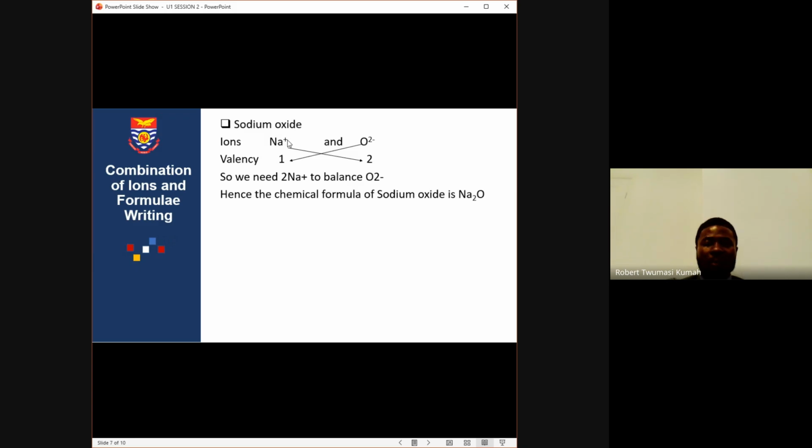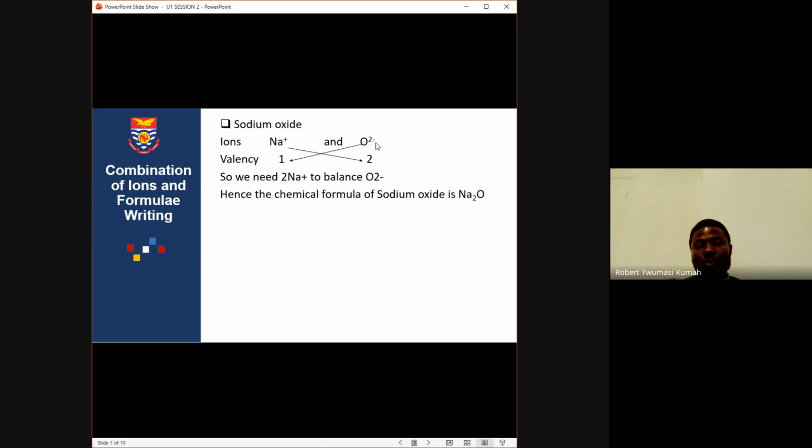Now, whenever you are writing the ions, make sure that you write the cation first. So we couldn't have written oxygen and then sodium. Always we write the cation first. So the cation here is sodium, that is Na+, and the anion is oxygen.